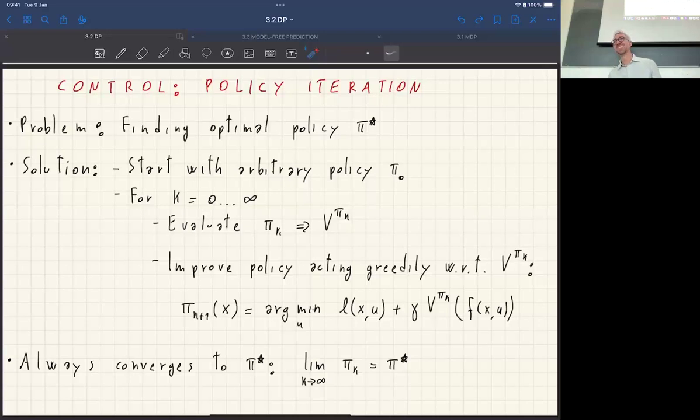I wrote it here for the limit, but what happens is that you converge in a finite number of steps in practice, which is a fake finite convergence because every step of this loop contains an infinite loop. So you're not really converging in a finite number of steps.